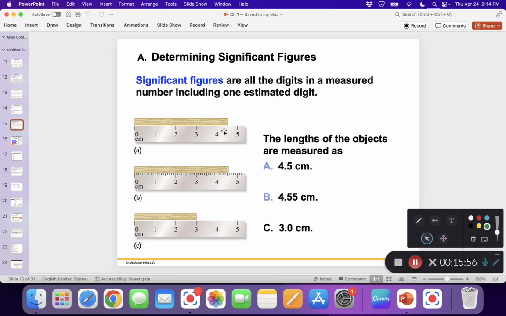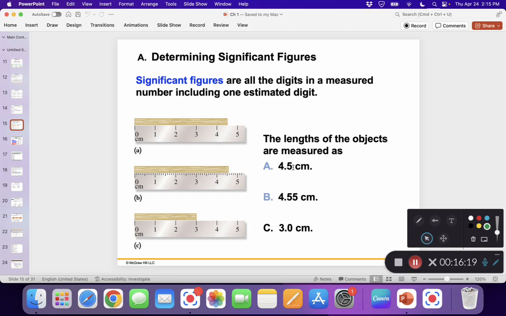Some of you might say the stick looks like it is right in the center of 4 and 5, so I will go for 4.5. Others might say it looks more like 4.6 to me, and that could also be correct. But you cannot write more digits than 4 point something.